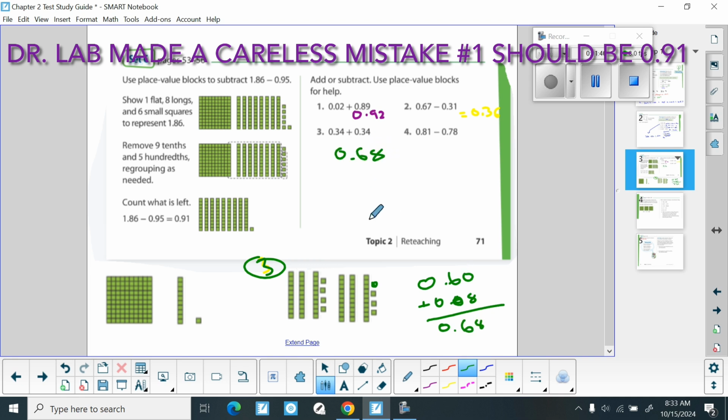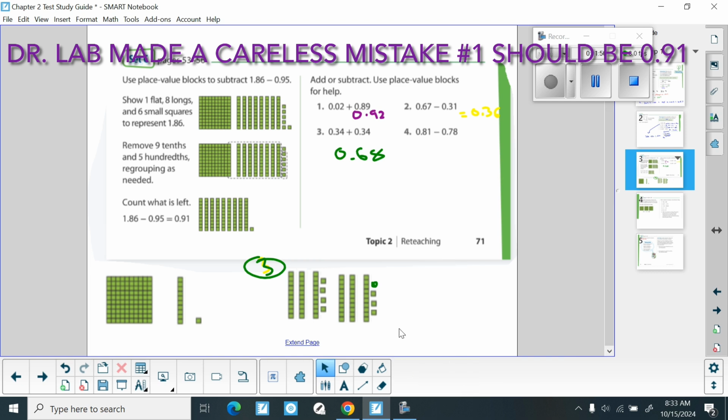All right. And the last one in this section, I'm going to remove these. And I'm going to remove all but this one. I'll show you why I'm doing this in a second. Okay, so this is going to be for number 4.